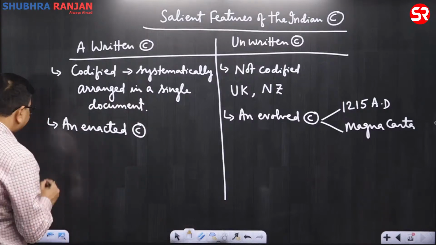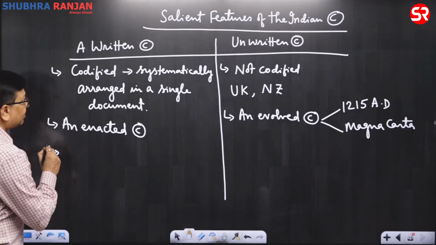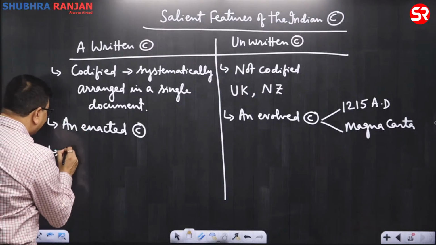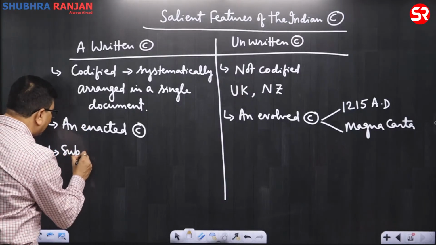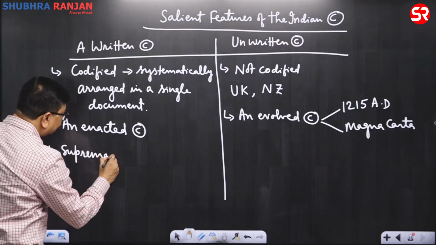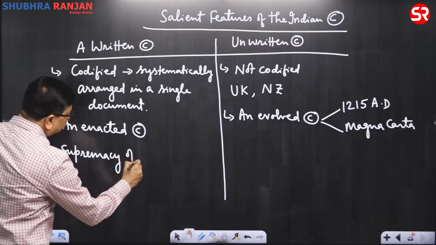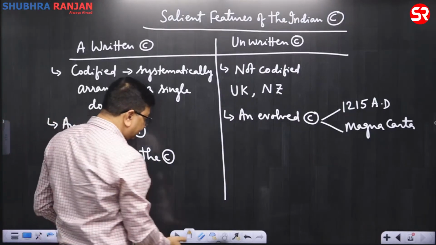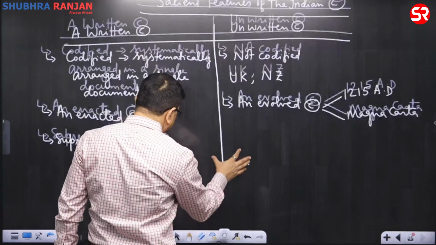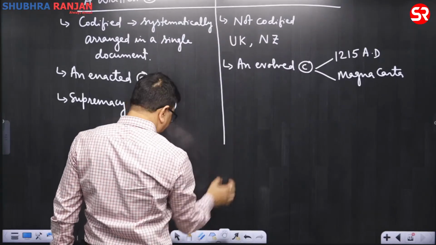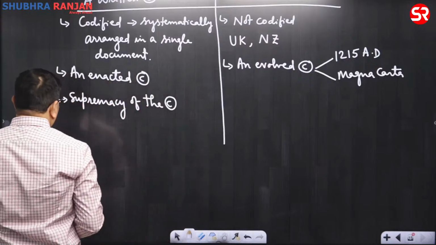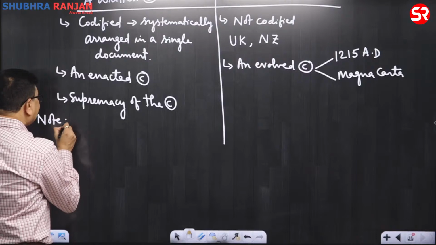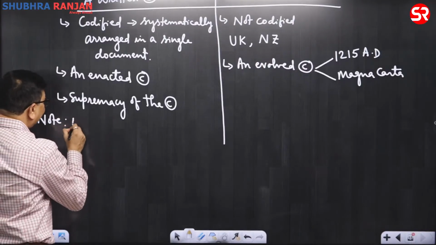Then the third and the most important aspect, that in a written constitution there is supremacy of the constitution. Why do we say that there is supremacy of the constitution?